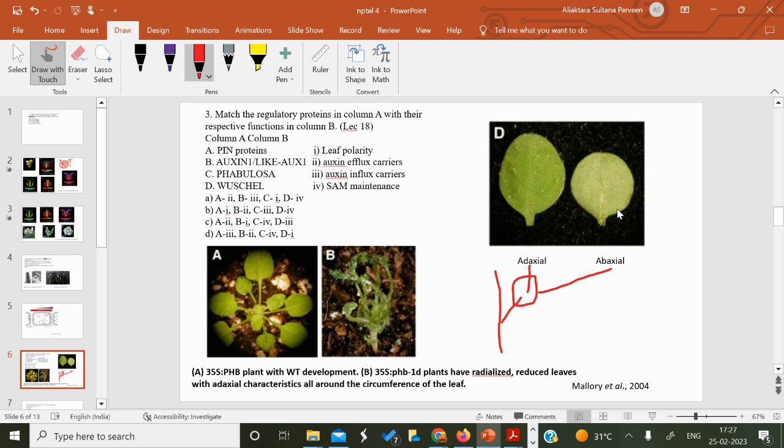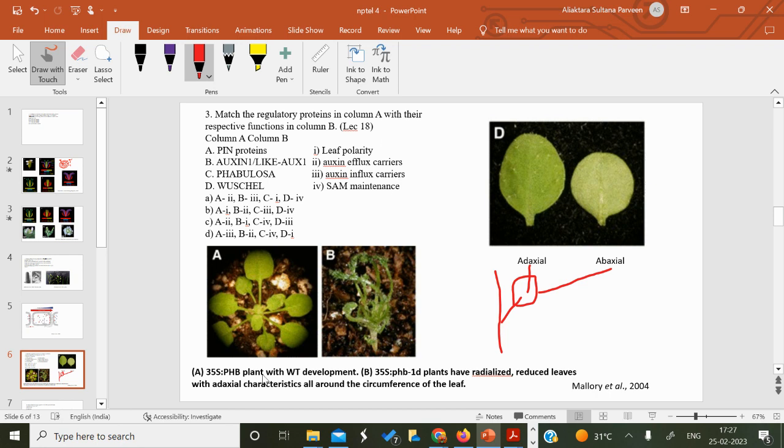So the lower surface is the one which basically contains stomata for the gaseous exchanges. And adaxial contains mainly the trichomes. And of course, there could be some color differences, etc. Adaxial is also characterized by the presence of xylem, whereas abaxial mainly consists of phloem.